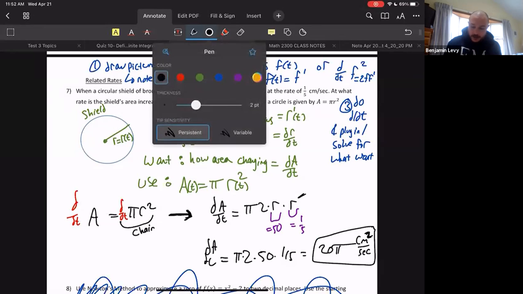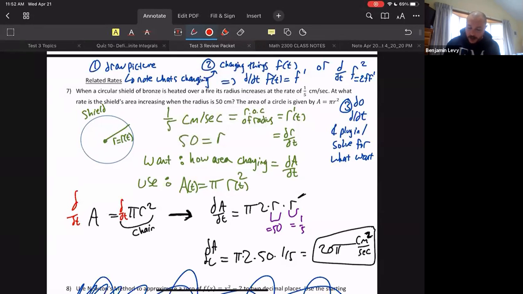To think about those, it's good to think about the units, right? So r has, I'm going to write above the thing here, units centimeters. And then r prime, we said, had units centimeters per second. And when you multiply those two things, you get centimeters squared per second. All right.